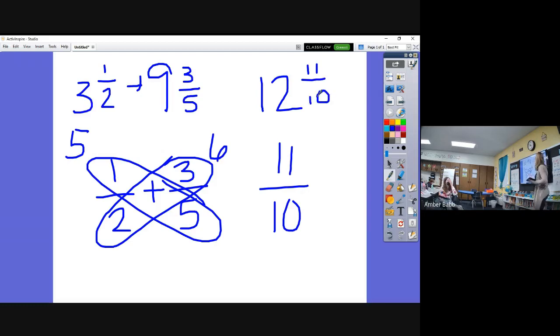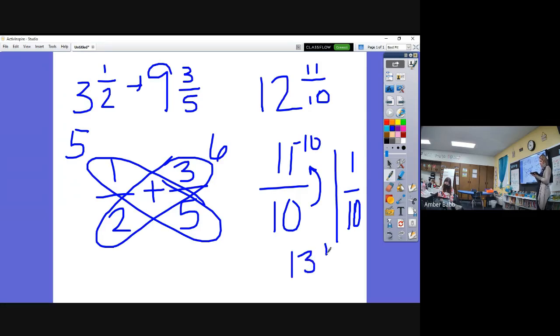But that can't be, because I cannot put an improper fraction with a whole number. So how many times does 10 go into 11? 1 time. That's a whole number 1. So put that with the whole number. And then I would have 1 left over, so 1/10. I put that on my original denominator. But I've got to add this one whole number to the whole number I already had. So then it's 13 and 1/10.